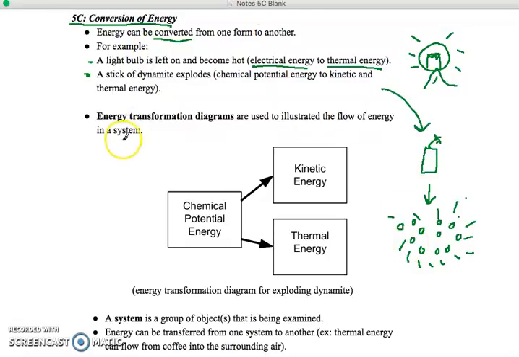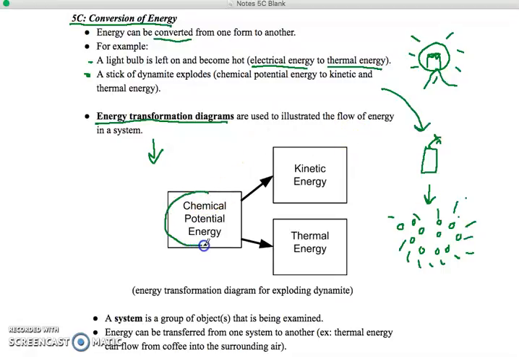When we look at conversion of energy, it's helpful to think about energy transfer diagrams. Here's a good one, for the example I just talked about.